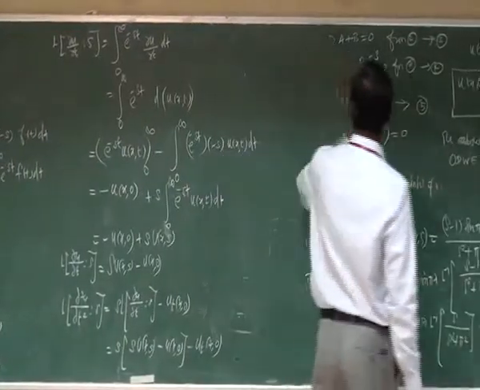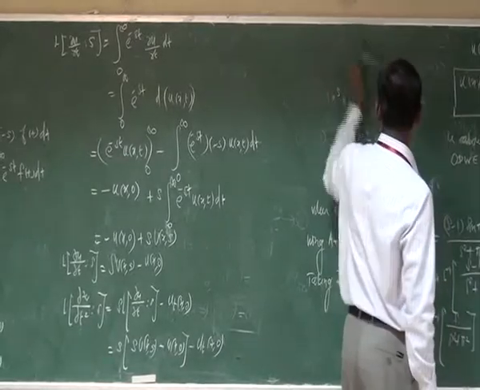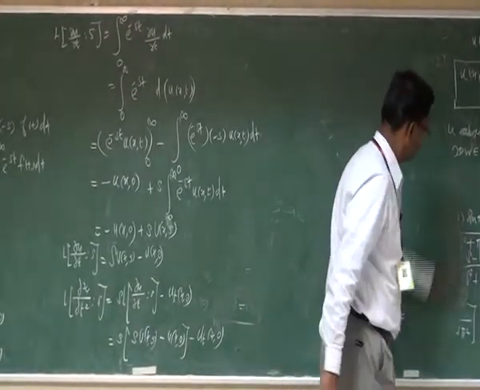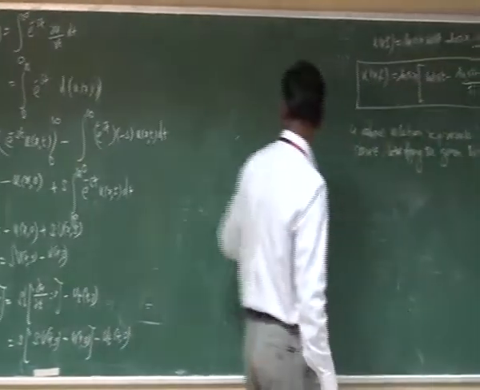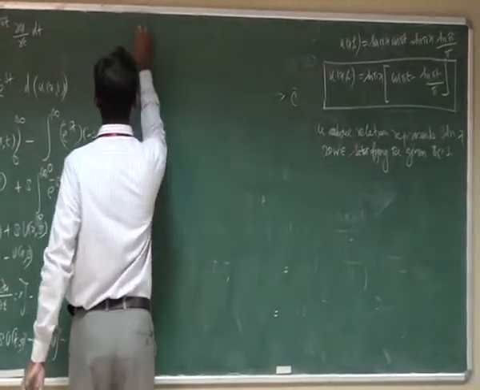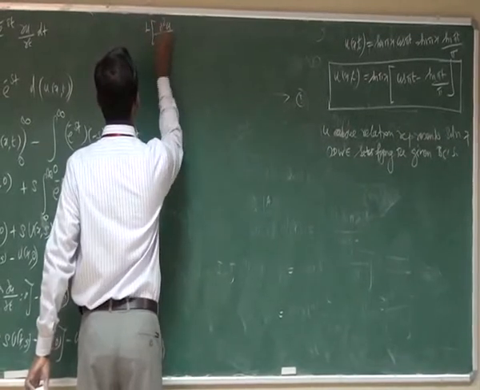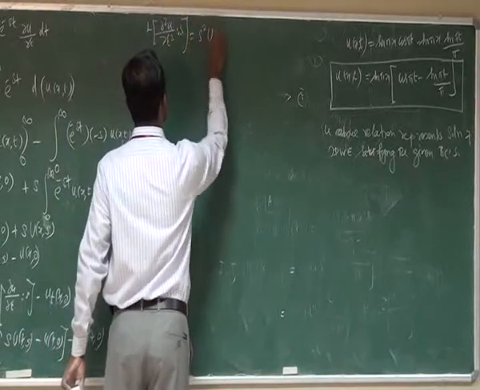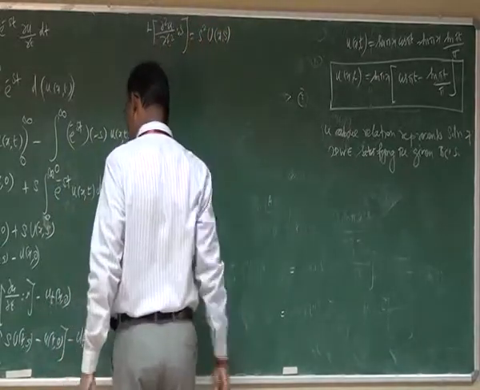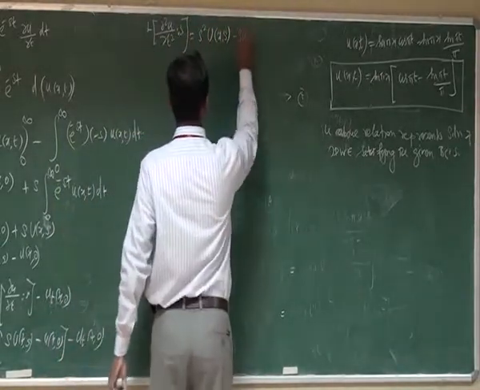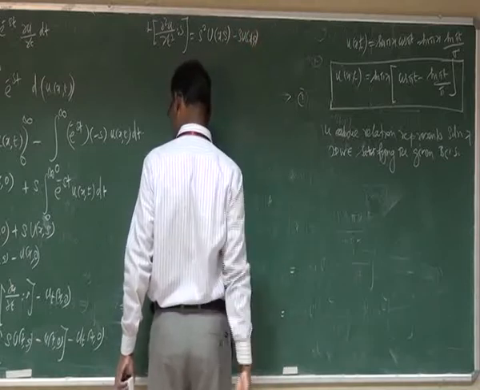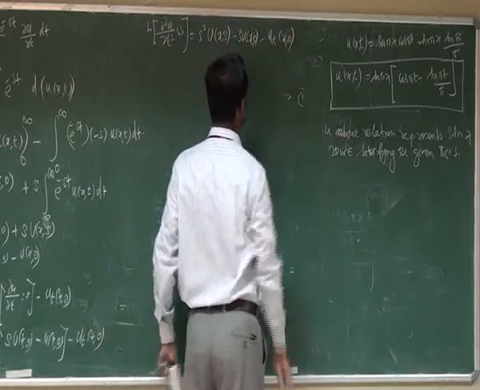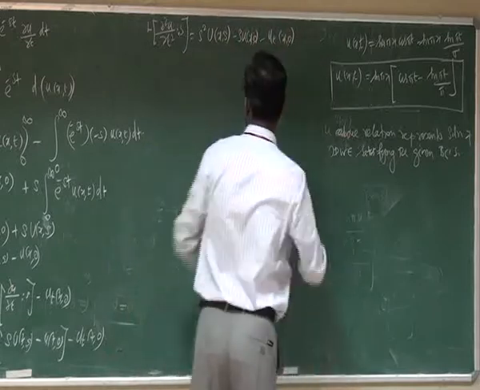Therefore, the Laplace transform of dou square u by dou t square is equal to s square into U of x comma s minus s into u of x comma 0 minus u t of x comma 0.